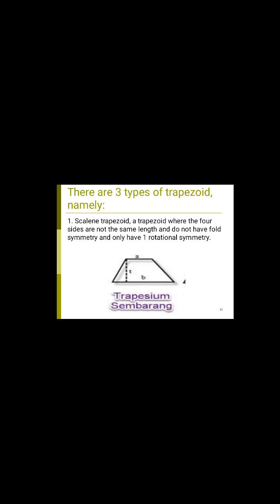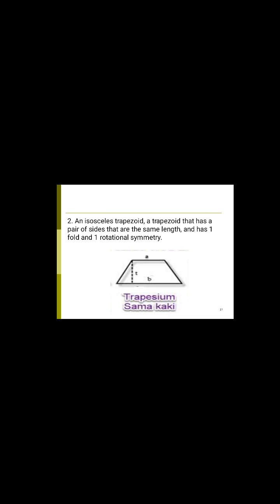There are three types of trapezoid, namely: first, scalene trapezoid. A trapezoid where the four sides are not the same length and does not have fold symmetry and only has one rotational symmetry. Second, an isosceles trapezoid.